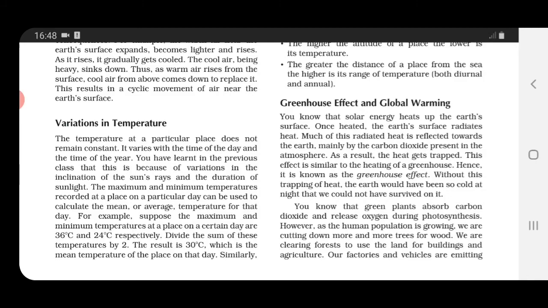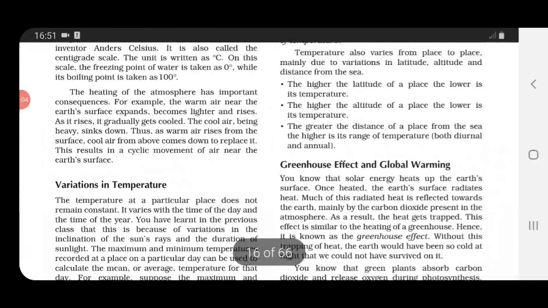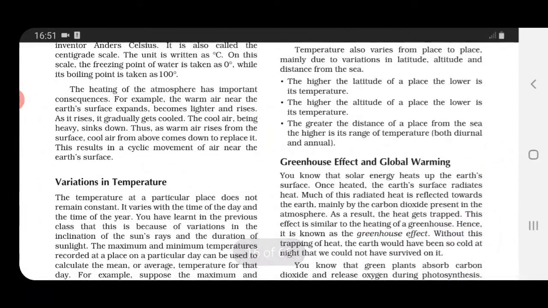Understood? For this they have given you an example also, so just go through the same, okay? Read it out.